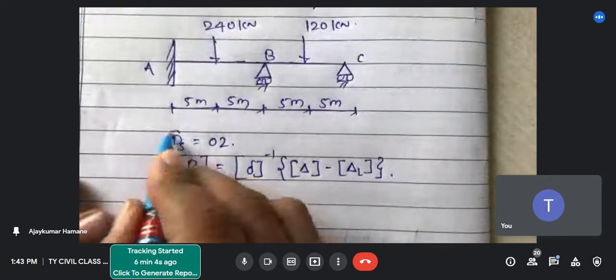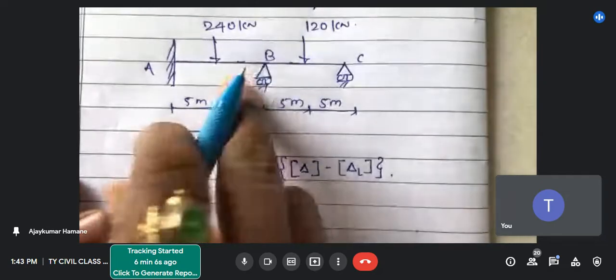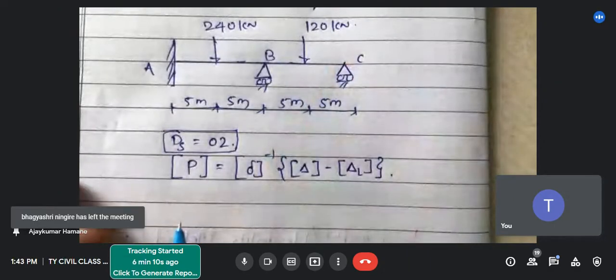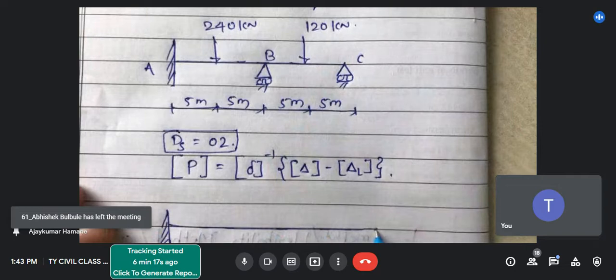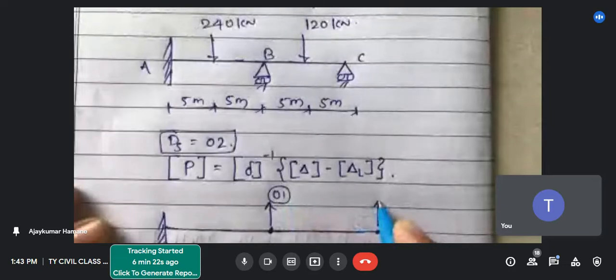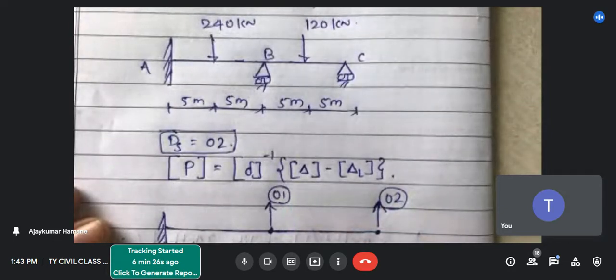Now, so degree of static indeterminacy, now we have to release this structure. Okay, you can release like this also. You make the coordinate like this, coordinate 1 and coordinate 2. Reaction as a coordinate.